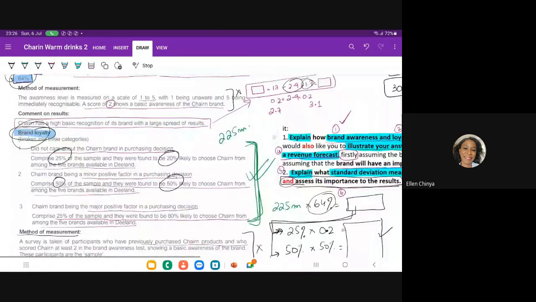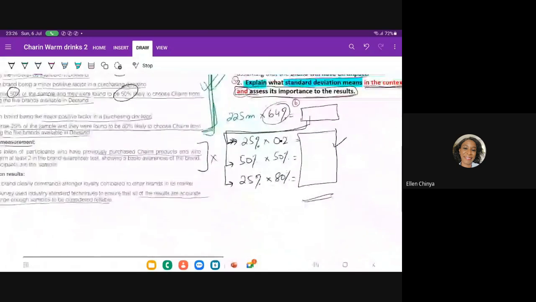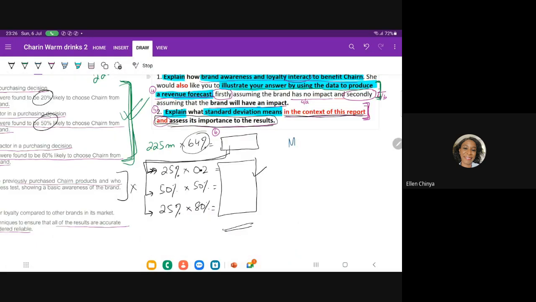So the marketing strategy will vary for brand awareness, because for brand awareness, we do the marketing.